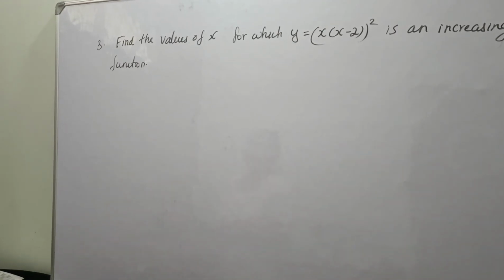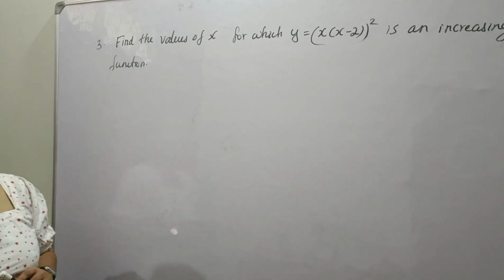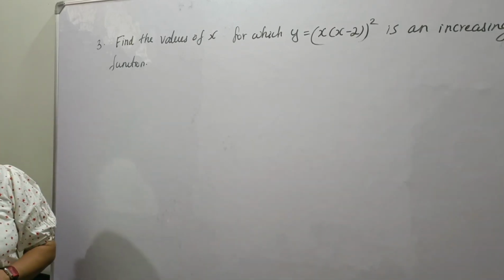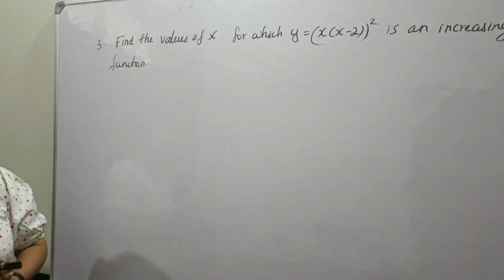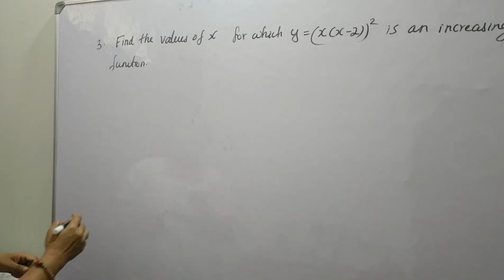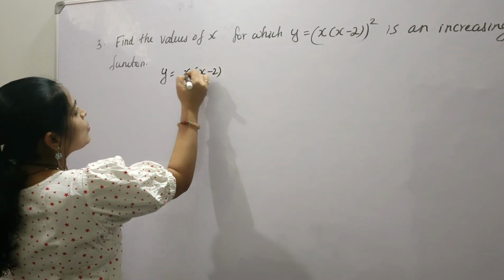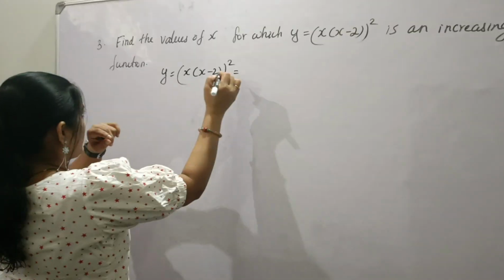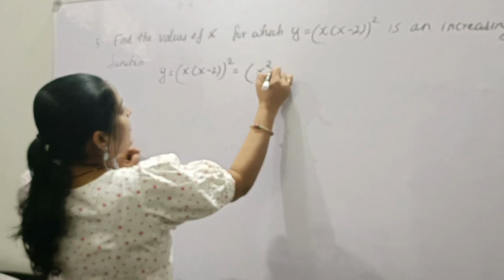Find the values of x for which y = x(x - 2)² is an increasing function. If the given function is an increasing function, what are the values of x? So here y = x(x - 2)², that is x(x² - 2x)².